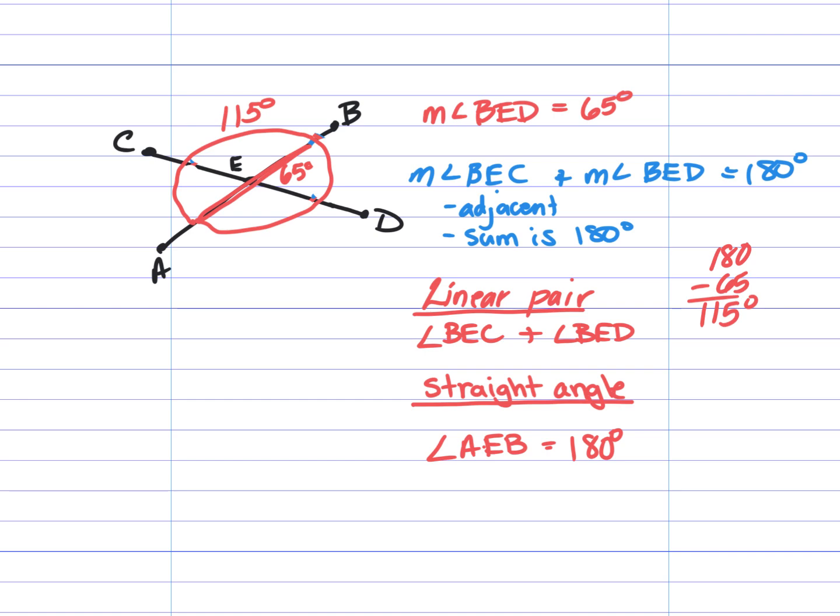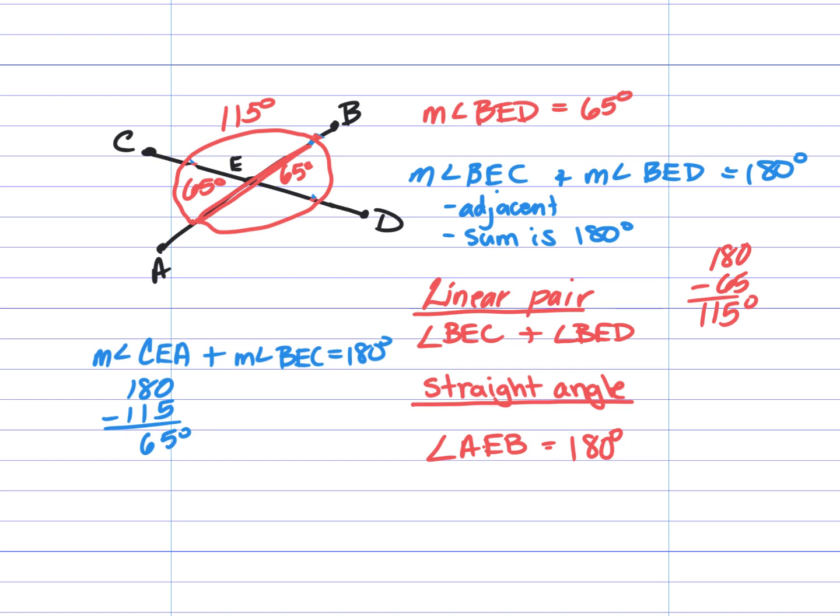So the measure of angle CEA and the measure of angle BEC equals 180 degrees. And so now I can find the measure of angle CEA by subtracting 115 from 180, and if I do that, I get 65 degrees.